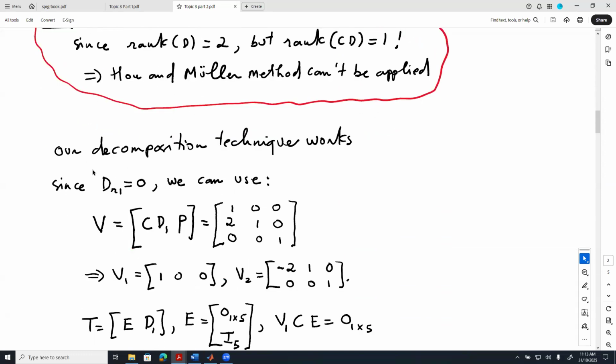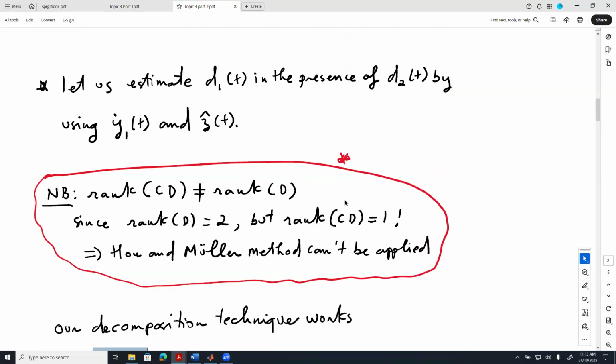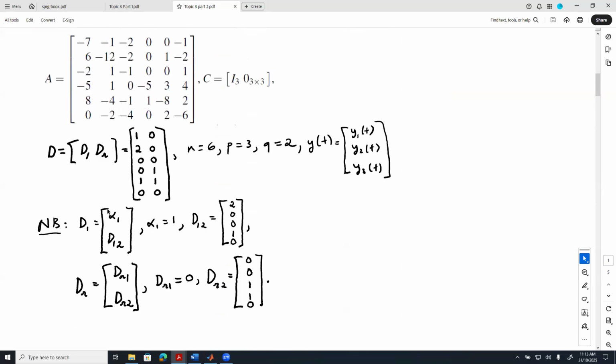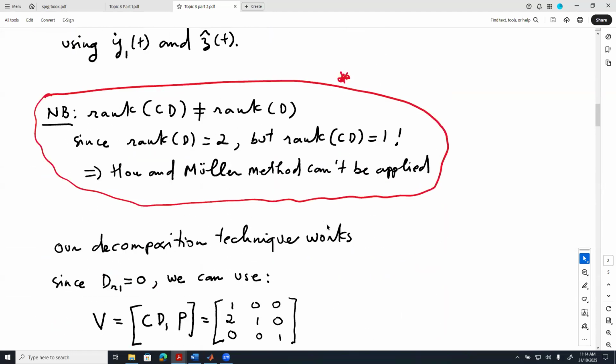And it works because all we do is look at this condition. It's actually 0, and the first element in here is actually 1. That basically tells us that the unknown input D1(t) can be completely decoupled from the unknown input D2(t), and we can use output measurement number 1 to achieve that.